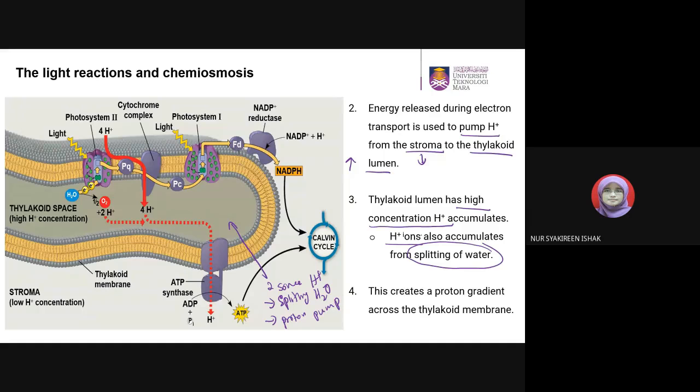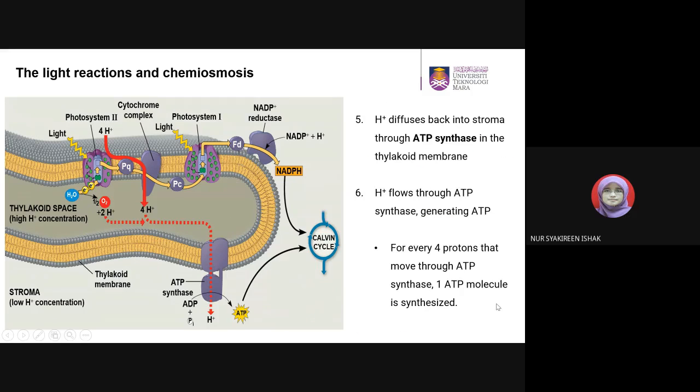So when there is a high concentration of hydrogen ion in the lumen, this creates a proton gradient across the thylakoid membrane, which is known as the proton motive force. So it causes hydrogen ions to diffuse back into the stroma through the ATP synthase in the thylakoid membrane.